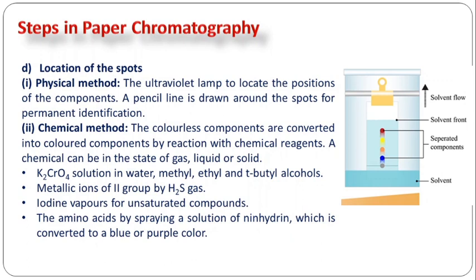Amino acids are detected by spraying a solution of ninhydrin, which gives a blue or purple color. So in terms of separation of amino acids, we can use ninhydrin solution. Just spray on it. Then whatever amino acids are there will convert into a complex which has a blue or purple color. So we can locate that spot and make a circle.